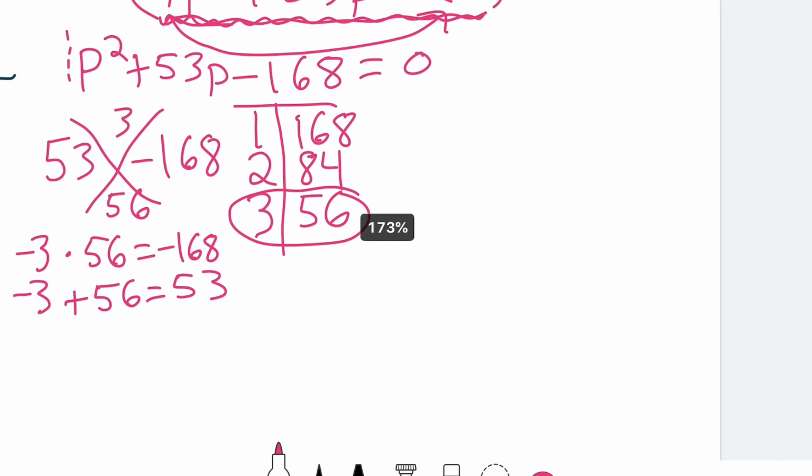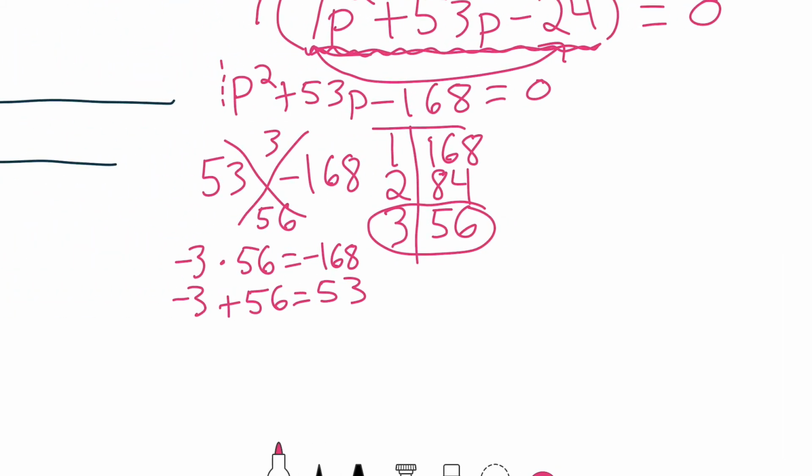So factored wise so far, we get 2 sets of parentheses. The variable we were factoring was p. And we have a negative 3 and a positive 56. But what method were we using? Were we just doing big X method, or were we also sliding and dividing?